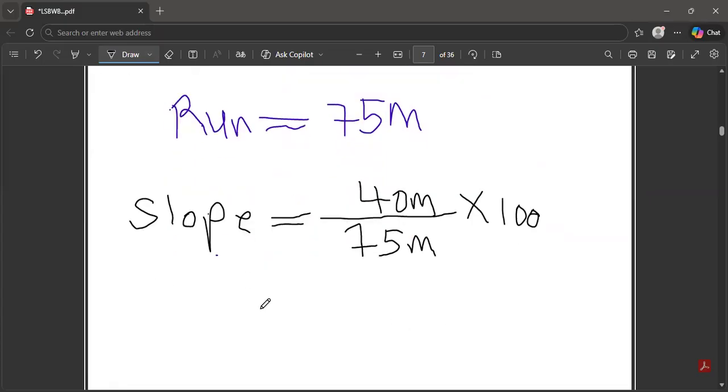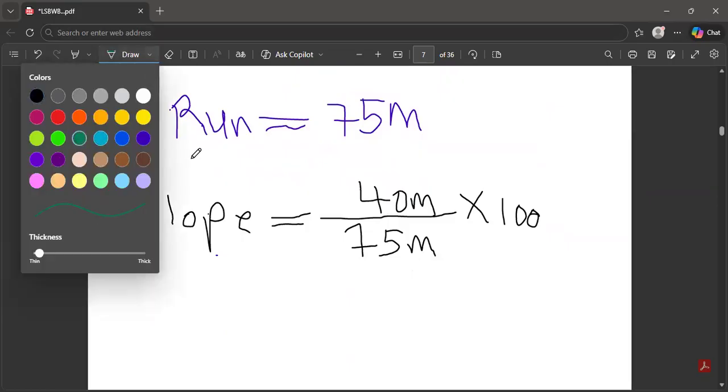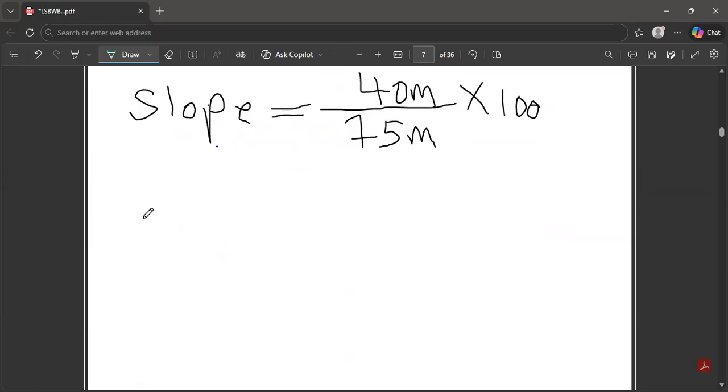So finally, we can say that our slope is equal to 53.333.